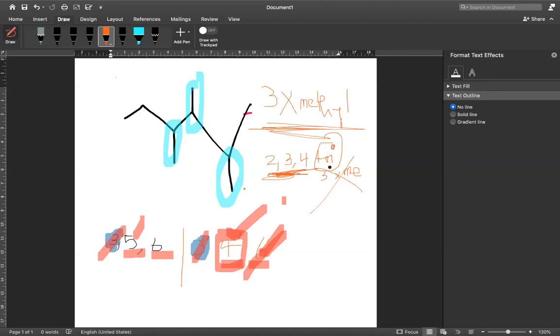If you put another 3 here and multiply it with methyl, I don't know what it's going to be. But the idea is, for compounds that have repeating substituents, we use the multiplication factors, which are di, tri, tetra, penta, etc. Is it clear?